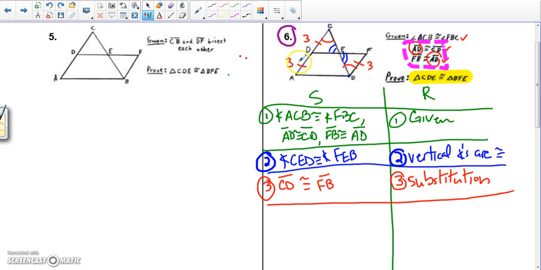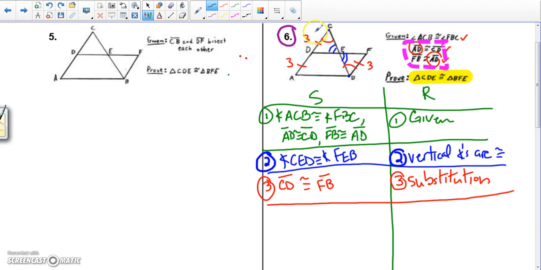If you have 3 different pieces all with the same congruency mark, that's a clue to use substitution. Or if in your proof you see the same segment, AD, congruent to 2 different segments, that means those 2 different segments are congruent.